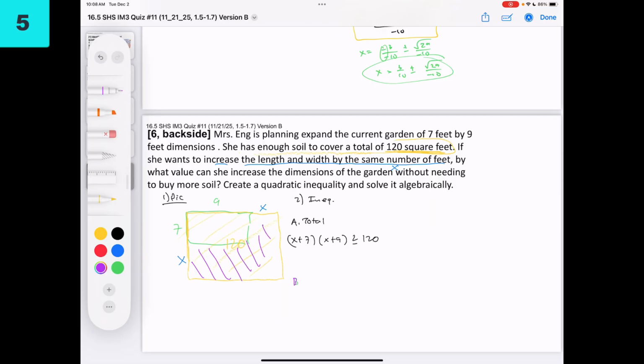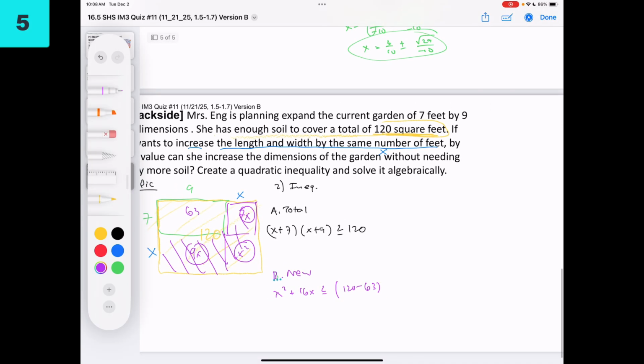So that would be 7x, 9x, and this would be x squared. So let's just call this the new area. x squared plus 16x is less than or equal to 120 minus the 63. I got the 63 by that.